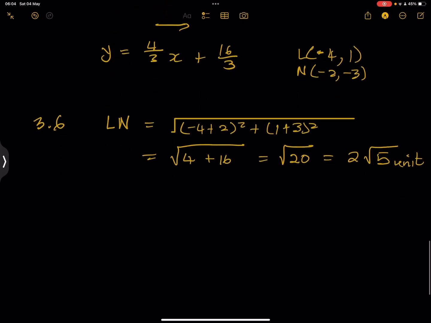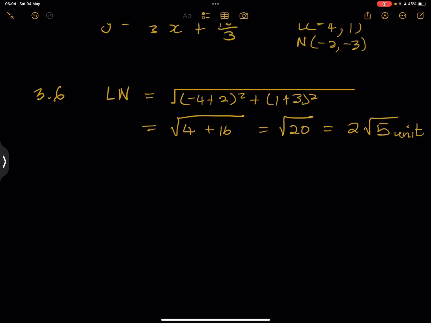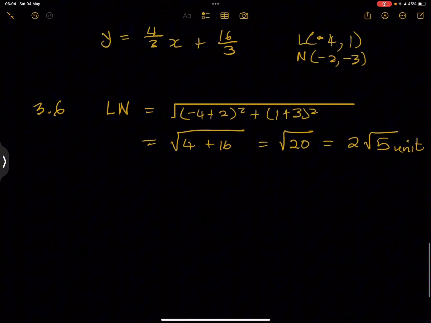Okay, so then we also know the angle LNS. To get the area of any triangle, remember, you must take two sides and an included angle, right? So two sides and included angle. So what would that give us? That would give us the area of triangle LNS would be half. So what are my two sides? It's going to be LN multiplied by SN, right?